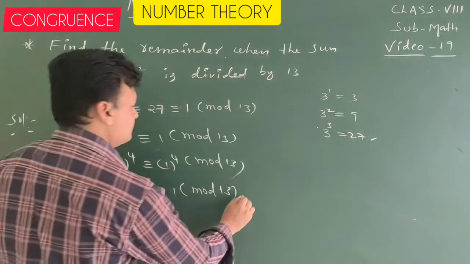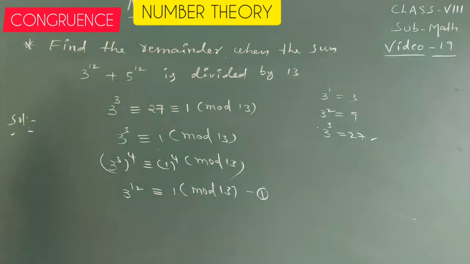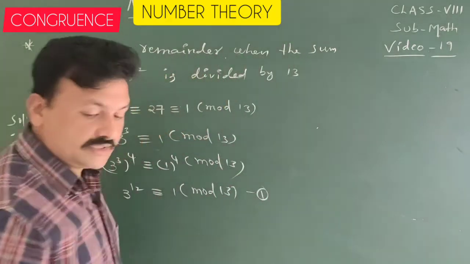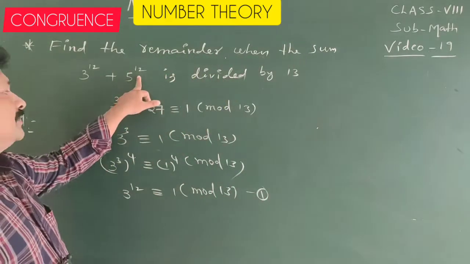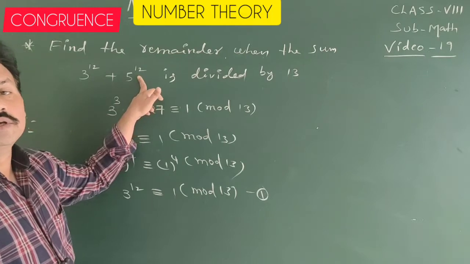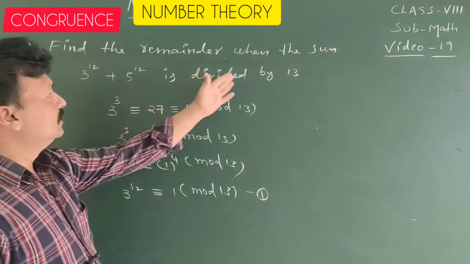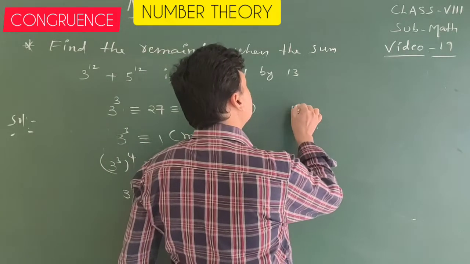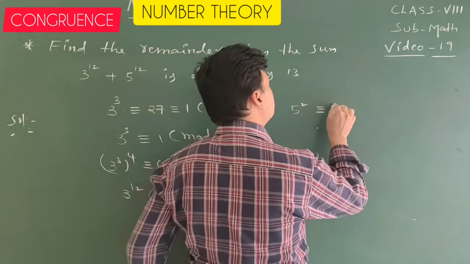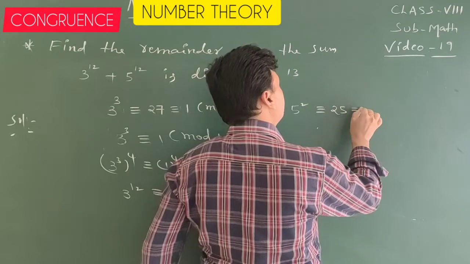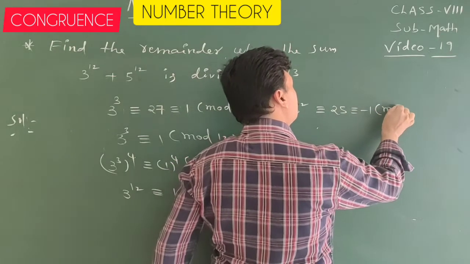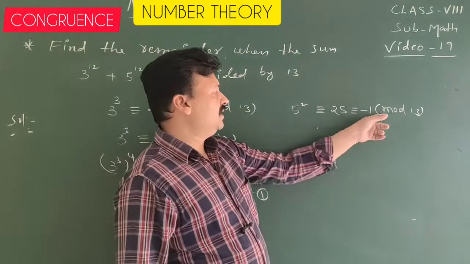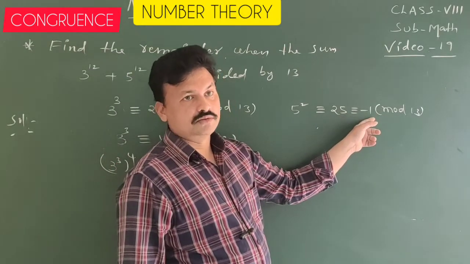This is the first one. Next, 5 power 12. So 5 square means 25. Divided by 13, you get 12, that is minus 1, as the remainder. So here 5 square is congruent to 25, that is minus 1, mod 13. So 13 divides 25 minus (minus 1), that is 25 plus 1, 26.